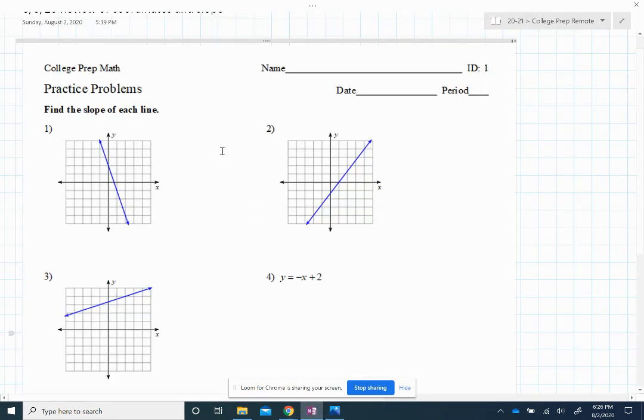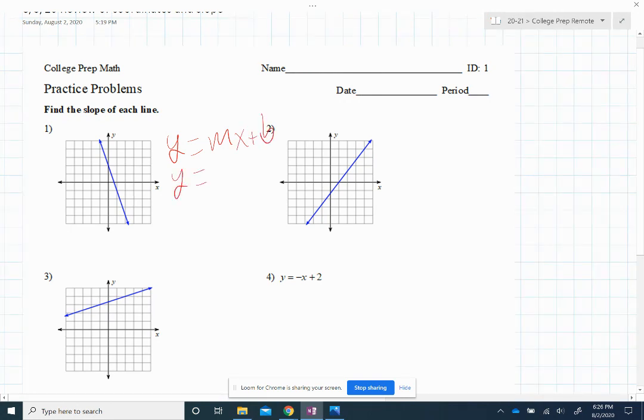So if we go to this example over here, we can figure out what our y equals mx plus b is. Always write y equals. We'll pick 2 points where they cross well. This looks like a point, and this looks like a point. We're going down, which means it'll be a negative.